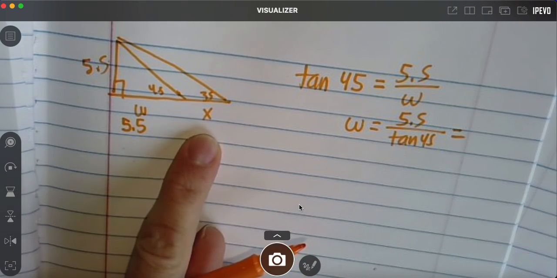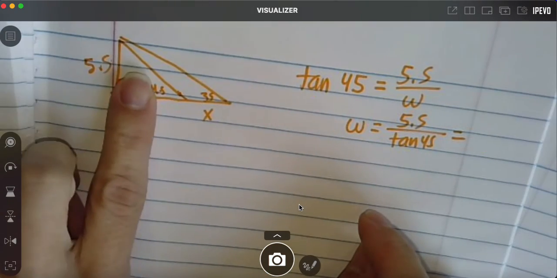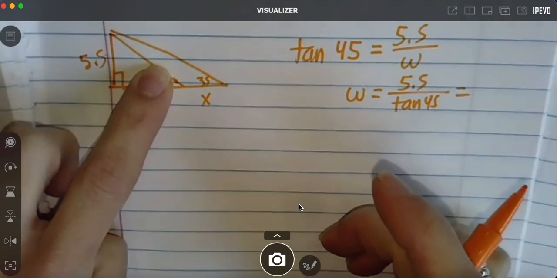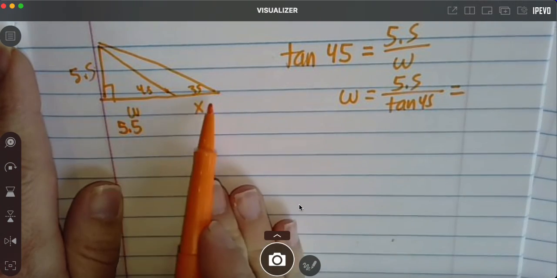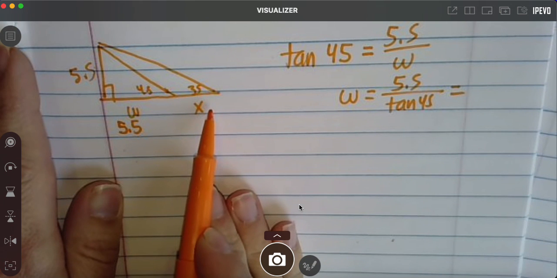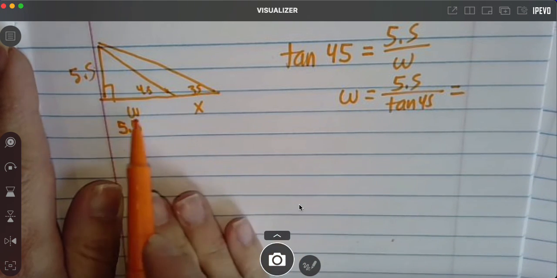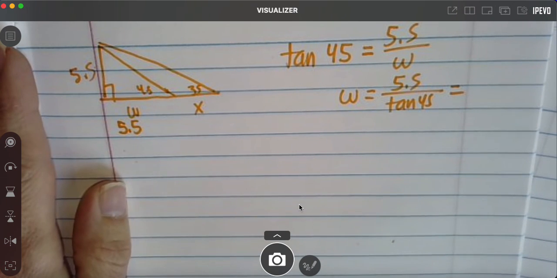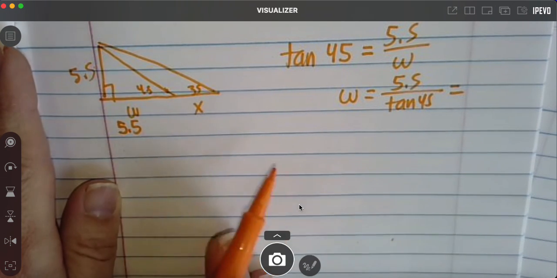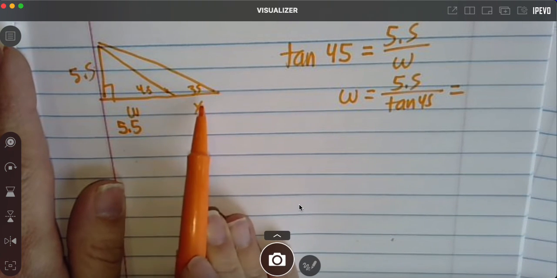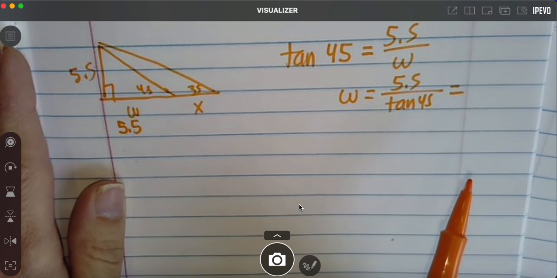Again, I used this little triangle. Imagine that little triangle's not there. Can I find the length of this entire big triangle? Yes. When I find the length of the big triangle, and I know the length of W, how would I find X? The big triangle minus W would be that little bit left over right there. Do y'all not see that?